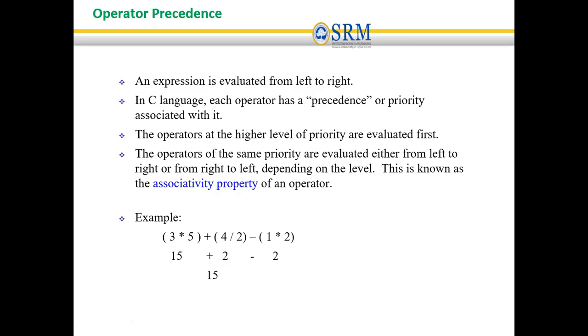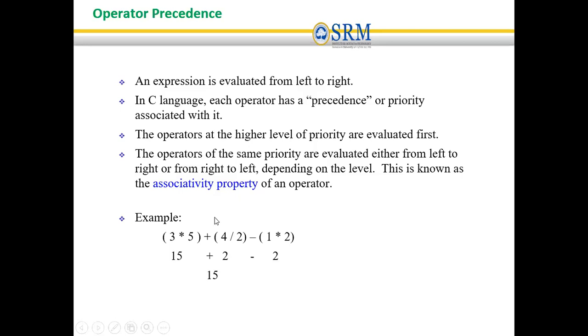The operators at a higher level of priority are evaluated first, and the lower priority ones will be executed one by one. The operators of the same priority are evaluated either from left to right or from right to left. This property is called the associative property.